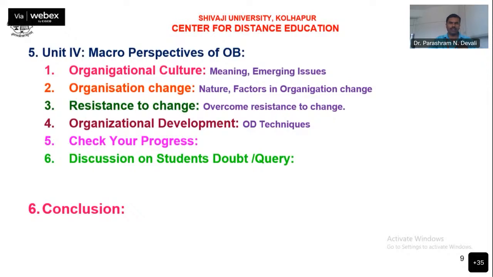That may change the culture of the organization. For this purpose, as an executive, as a manager, as an entrepreneur, we want to understand organizational culture, where we want to understand the basic concept of organizational culture and emerging issues in present organizational culture.